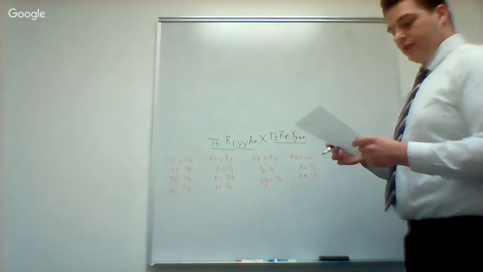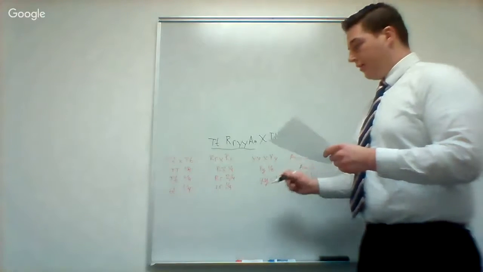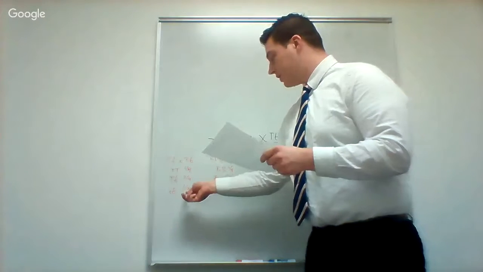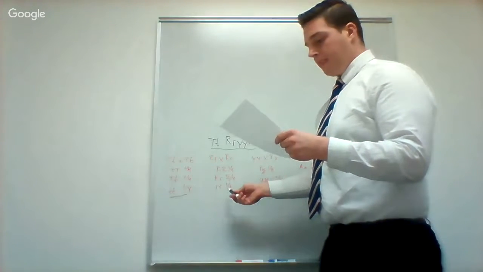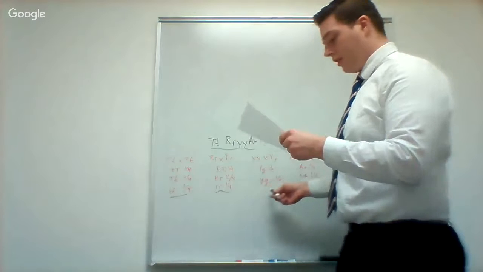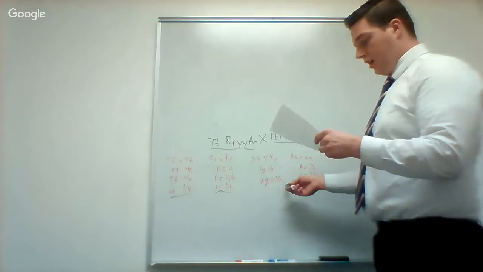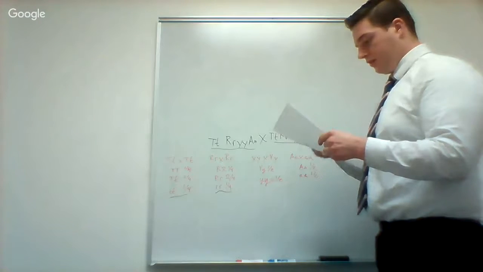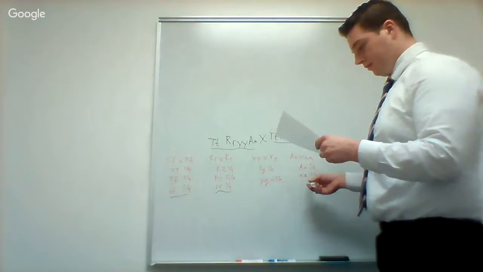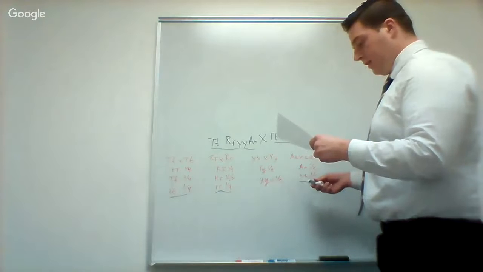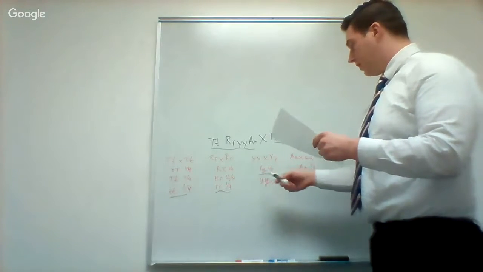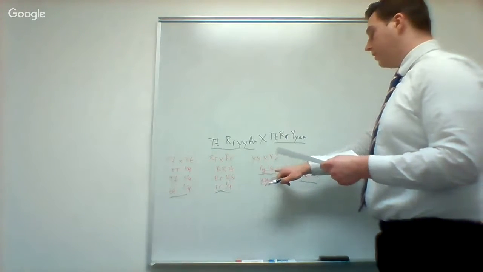And so the first one is asking, what is the probability of a dwarf? And that's going to be both little t's. Wrinkled, which is little r. Terminal, which is this one, little a. And yellow, which is big Y, little y.